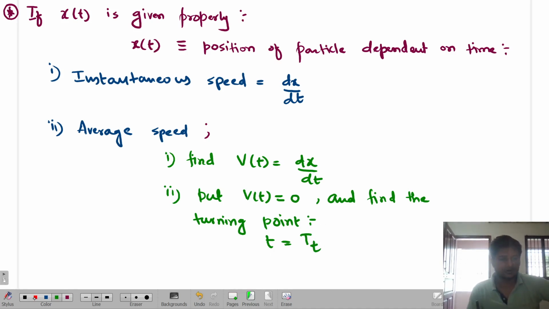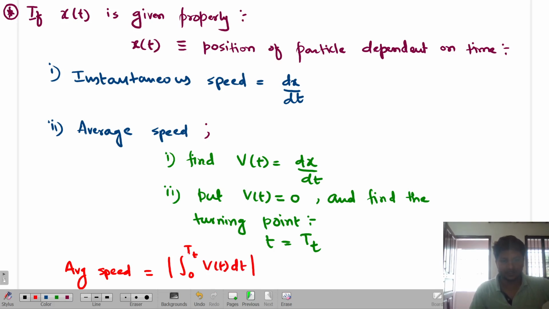Then the average speed formula is given as: it is equal to modulus of integration from 0 to T of turning point of v of t dt. Integration of what? Of velocity, v of t dt.